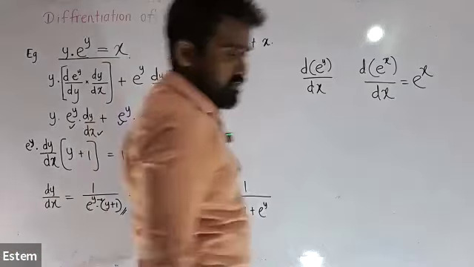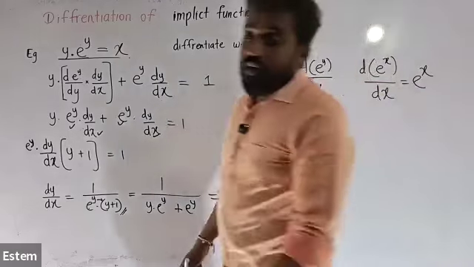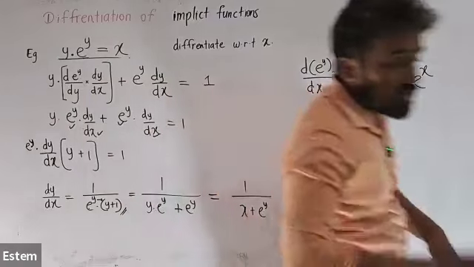We can write 1 over x plus e^y. Is it okay? Please write down these things quickly. After you finish the writing, please update me.